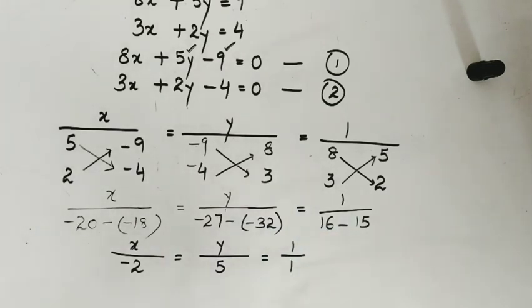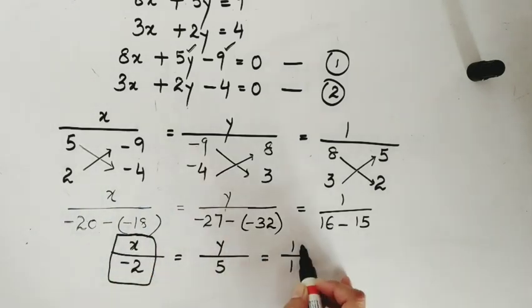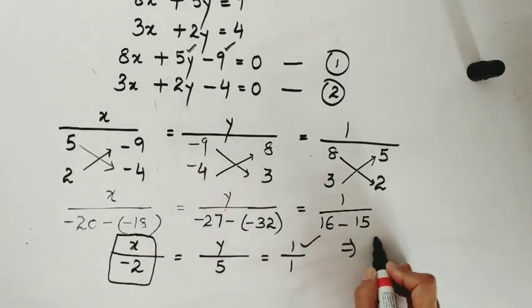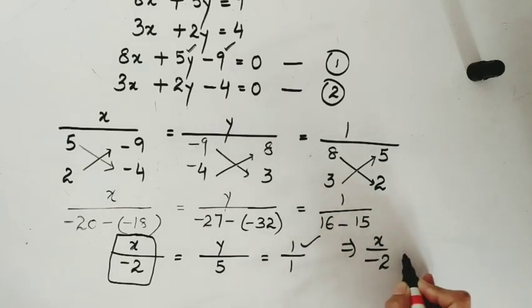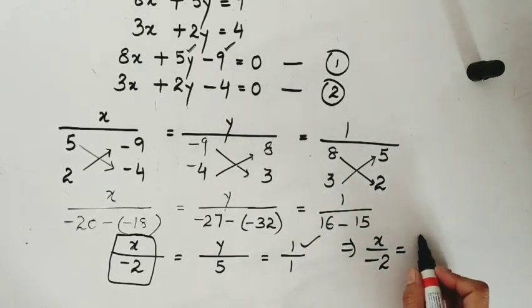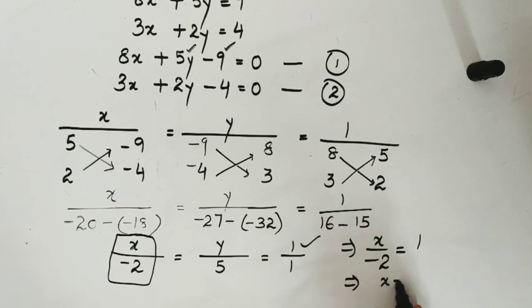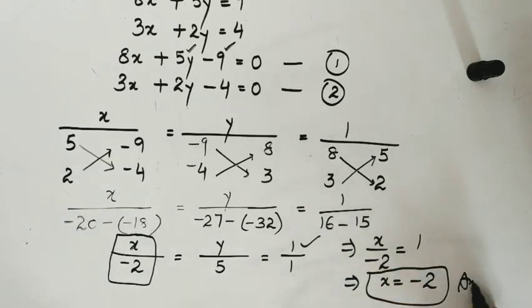Now, I'm sure you must be able to understand till here. Now, when we are looking for the value of x, take x and this constant. So, can I say x by minus 2 equals 1, and x becomes minus 2? That's how you get the value for x.